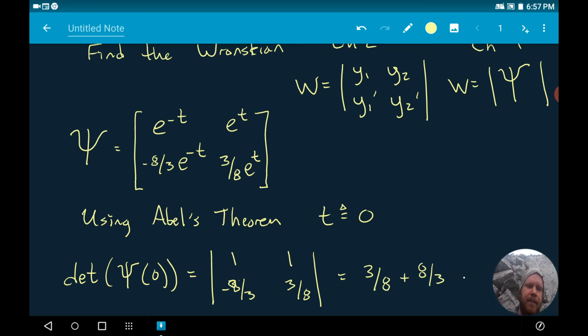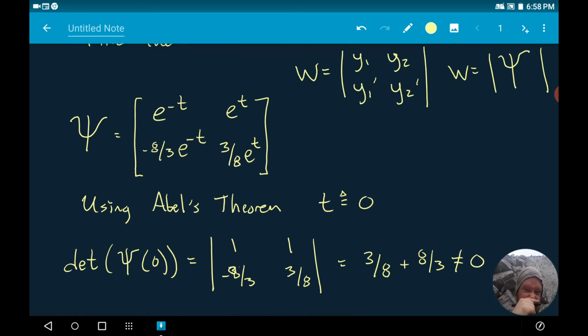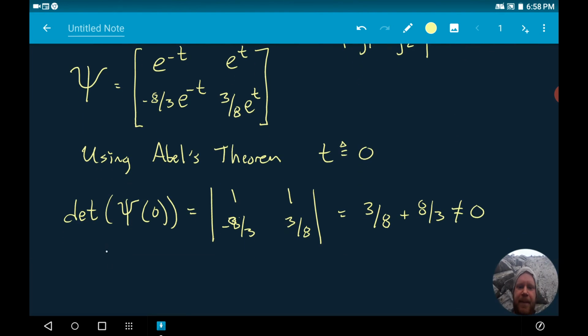Whatever this is, it's not 0. And again, same rules for whether or not it's 0 apply to whether or not this is a fundamental set. So we say the determinant of our solution matrix is not equal to 0.